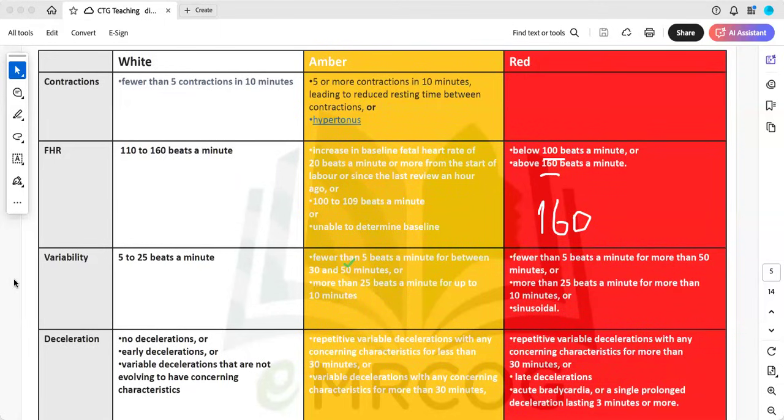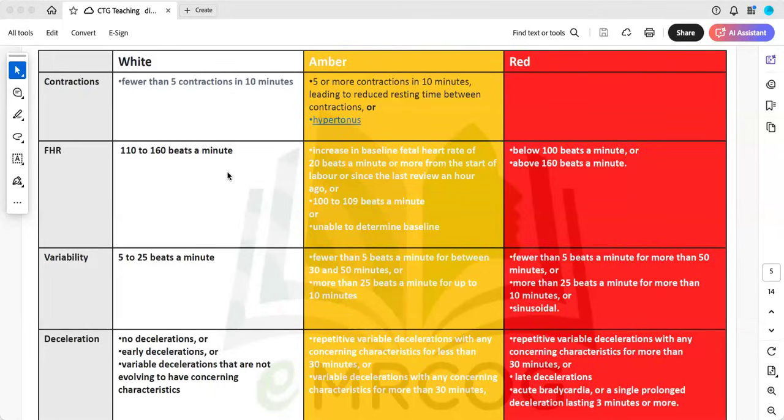If it is for a short period, that's okay, because it can indicate just the fetal sleeping pattern, right? And if it returns back to normal between 5 to 25, this means that the baby is well oxygenated and the autonomic nervous system is normal and intact, and there is good fetal reserve during labor with low risk of hypoxia or acidosis. So a normal variability is something reassuring.